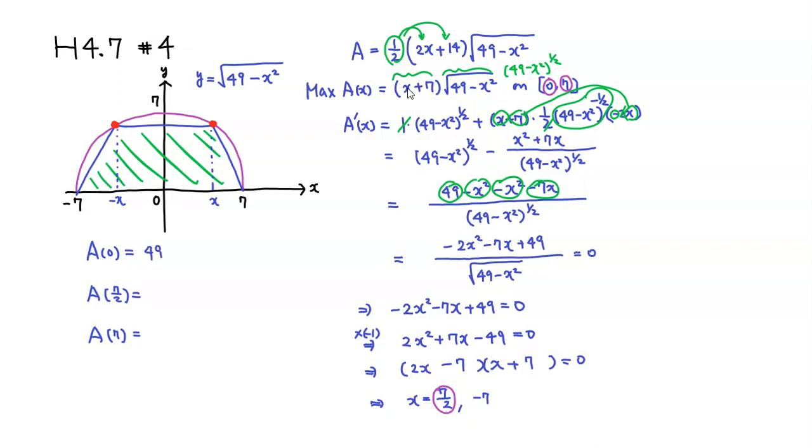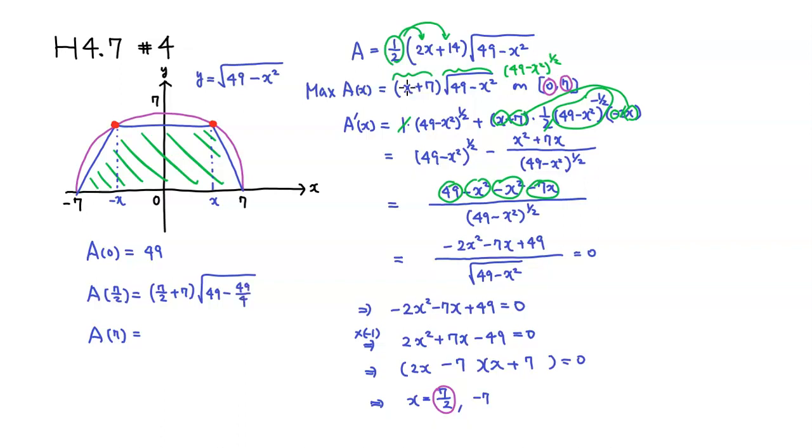And then if you have x equals 7 halves, so what's that? You have 7 halves plus, let's write that down, 7 halves plus 7, and then you have a square root of 49 minus 7 over 2 squared, so 49 over 4.